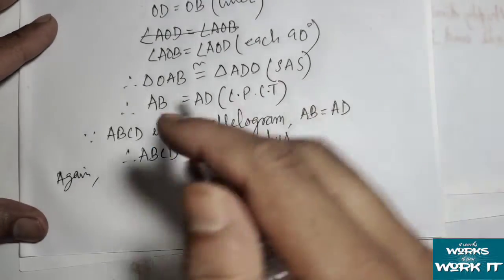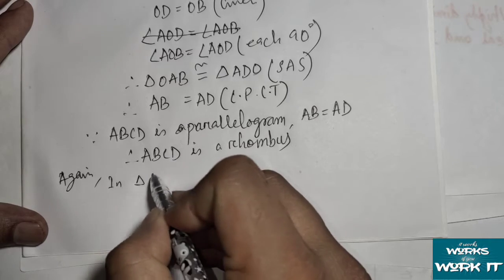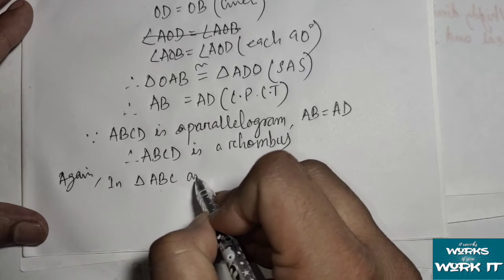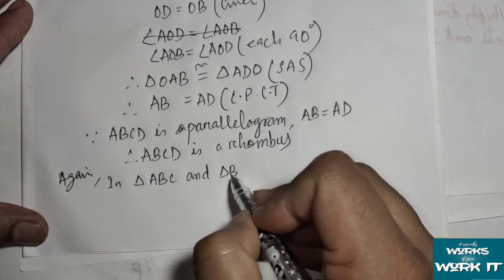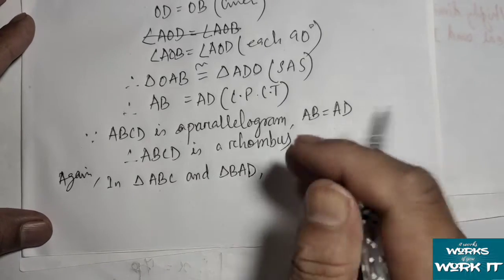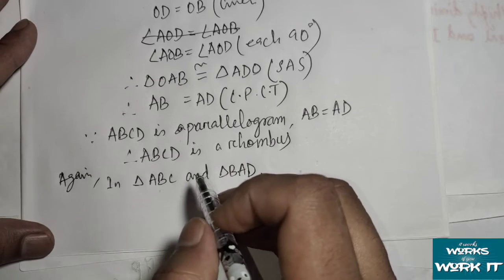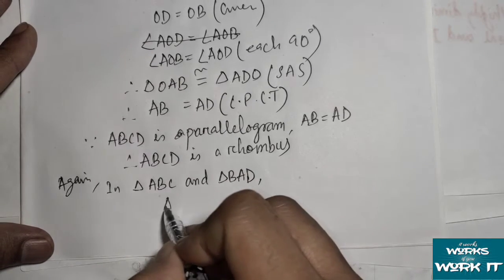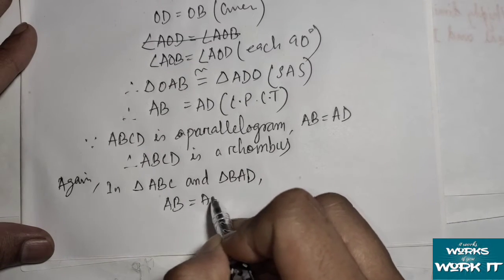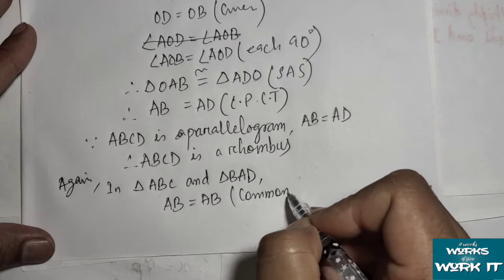So I'm taking two triangles. Try to compare with the diagram, okay, in order to understand the solution, whatever things have been taken and why we have shown that one, why we have written equal that one. Okay, so AB will be equal to AB, that is our common base of the two triangles.